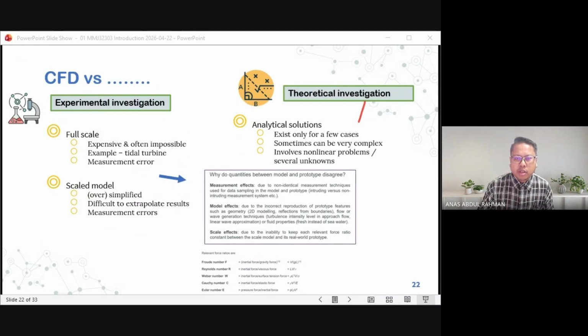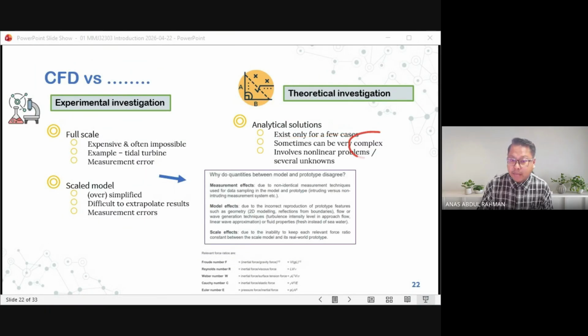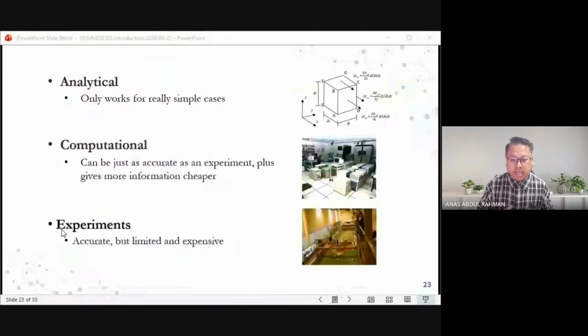As for the theoretical investigation, it's usually almost impossible to solve the complex equations. The solution only exists for a few cases, and most of the time it's very complex. That's how CFD comes in. As I said, CFD alone cannot be the solution for all. It must be supported by analytical work as well as experimental work.